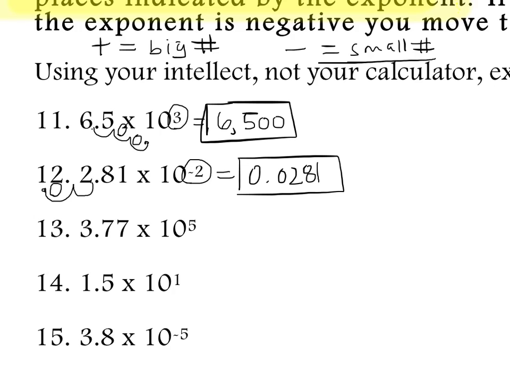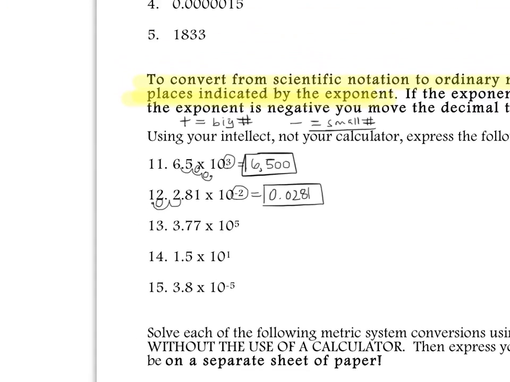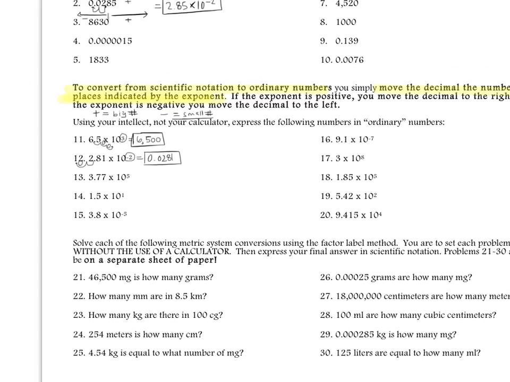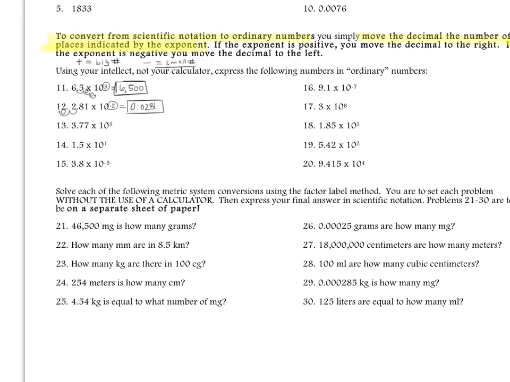So when you guys come to class, you are going to be practicing by completing problems 1 through 20. And then down at the bottom, problems 21 through 30, you're actually going to go back to doing factor label problems. Okay, so 21 through 30 are really worksheet 2 and 3 style problems where you set up a picket fence and cancel out your units.